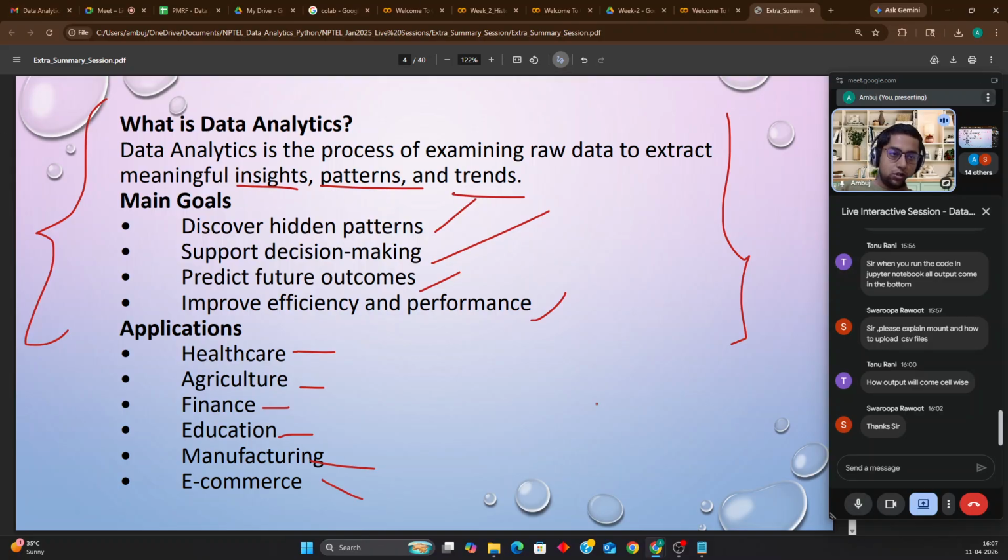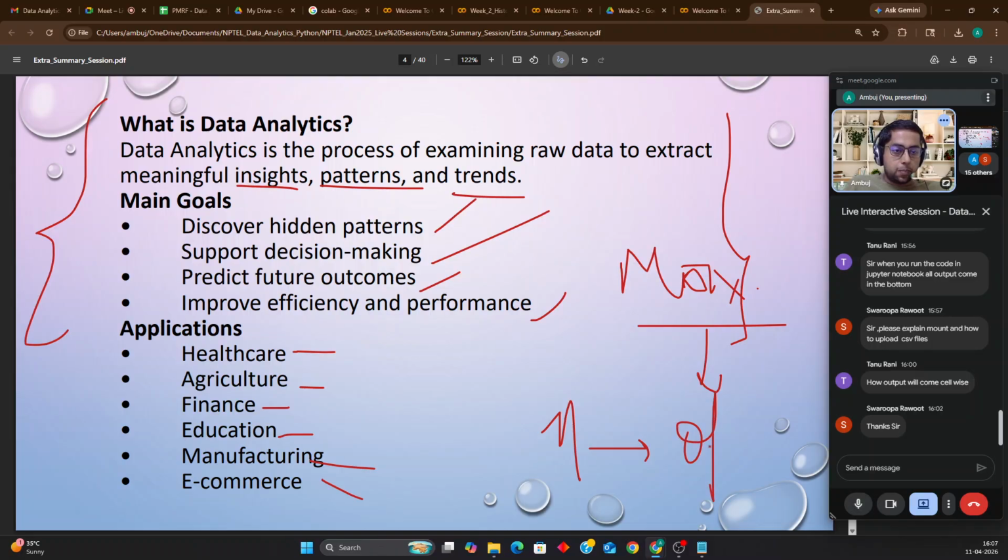Okay, data is the new gold that is currently being analyzed and exploited to the maximum, to make the process efficiency optimum. We have to maximize or optimize the efficiency of the industrial process. That is why we are analyzing the data.